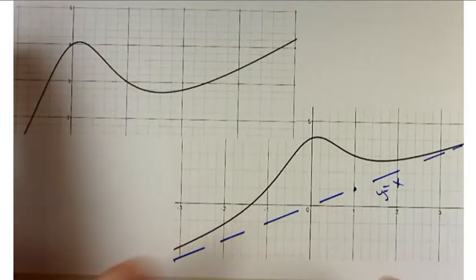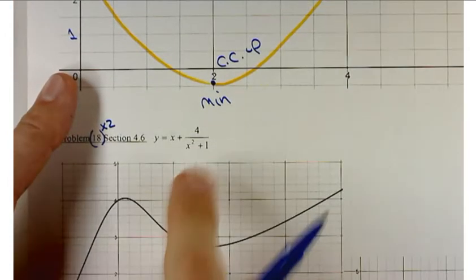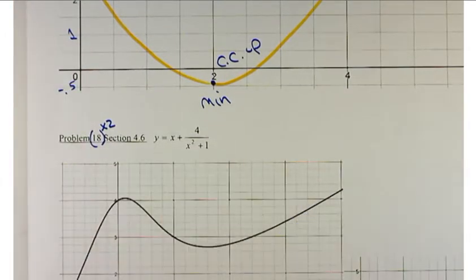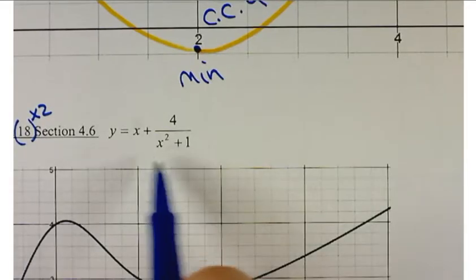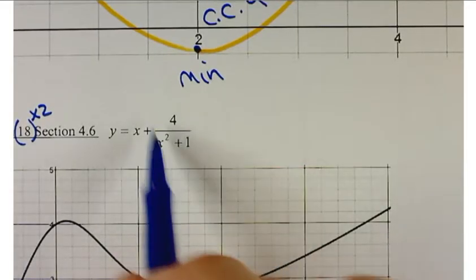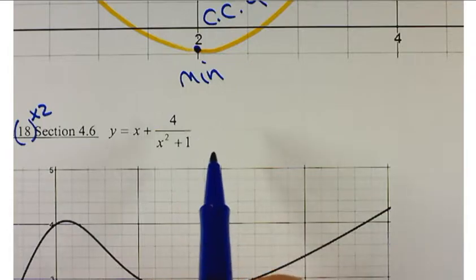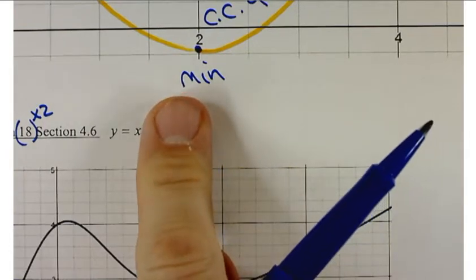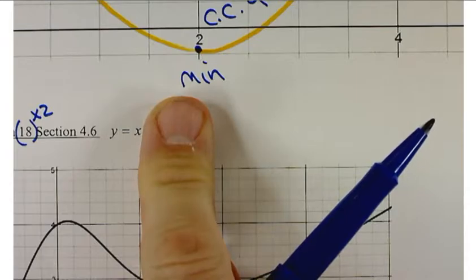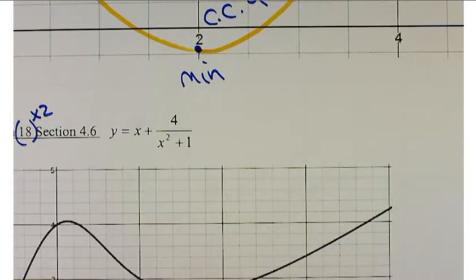Can you see why that would be true? What's going to happen if you put in bigger and bigger values in for x? What's going to happen to this? It's going to get really, really small. Eventually it's going to be almost like 0, so you're going to be looking at the graph of y equals x. So that's why this has an oblique asymptote.